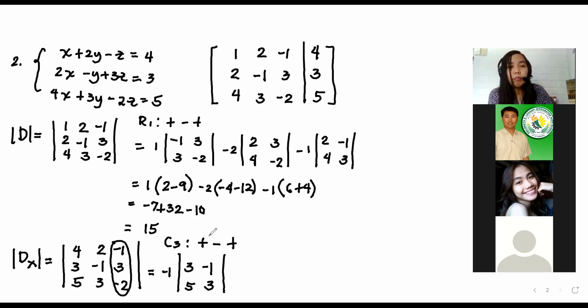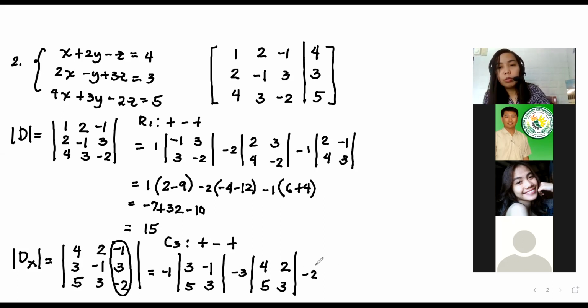Next, negative times 3, negative 3. So delete this. So 4, 2, 5, 3. Next, positive times negative 2, negative 2. 4, 2, 3, negative 1.